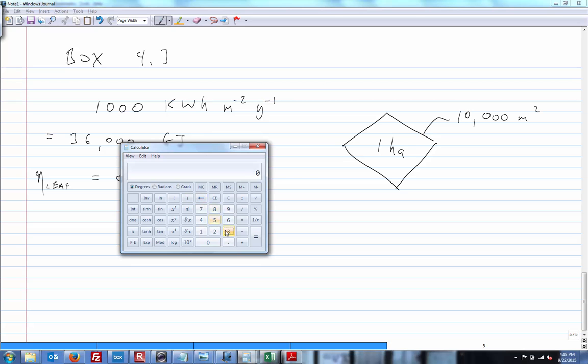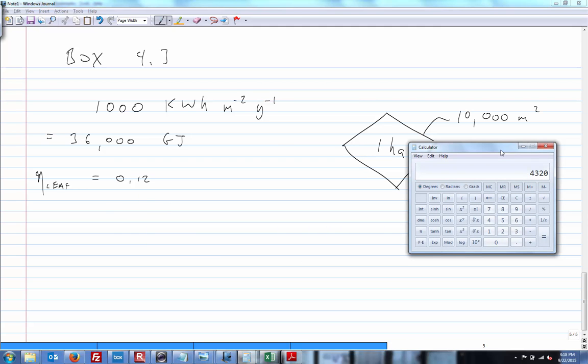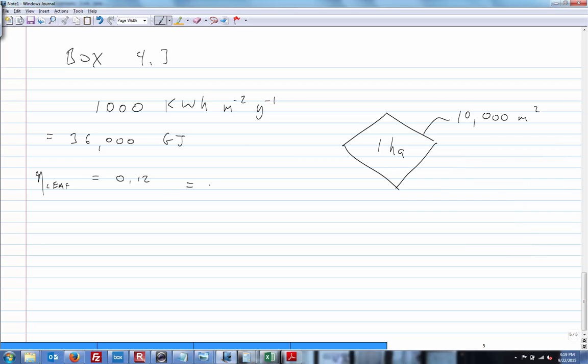So if we take 36,000 times 0.12 equals, there's your 4320. So that gives us 4320.